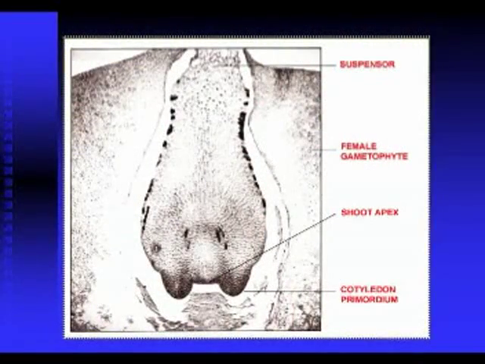After this, the cells in the micropylar region elongate and form a massive suspensor, and the cells in the lower part, the chalazal end, form the embryo, primarily with 2 cotyledons and the shoot apex. The root apex is found at the micropylar end. So the mature embryo has a suspensor with 2 cotyledons.